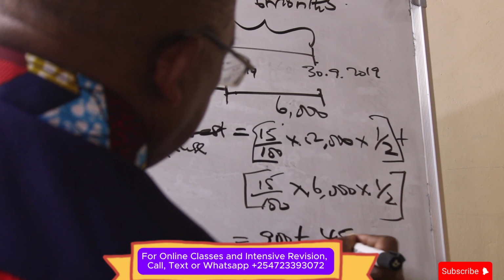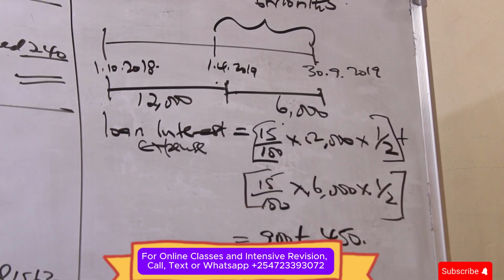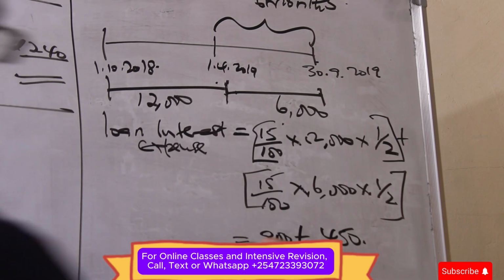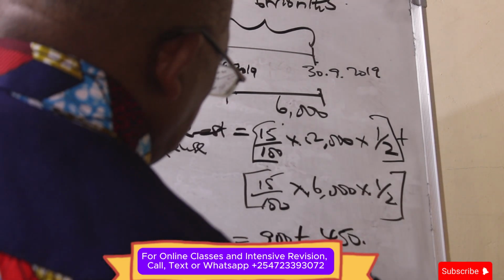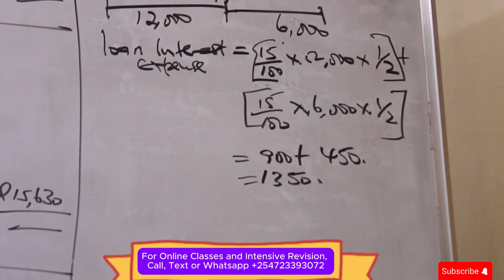plus definitely 450, because this is half of it. So total loan interest, plus 450, we get the interest expense amounting to 1350. The total interest expense amounts to 1350.